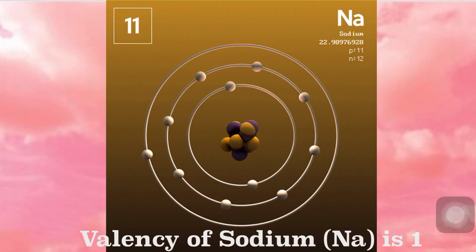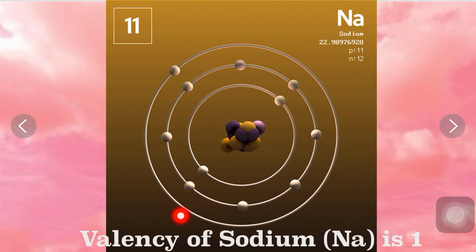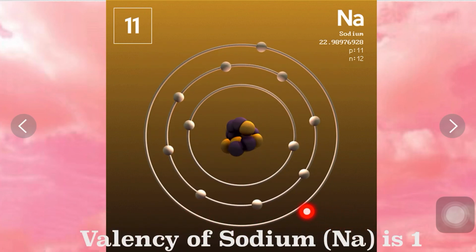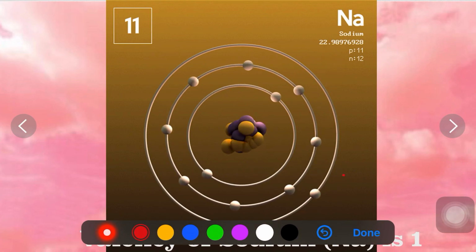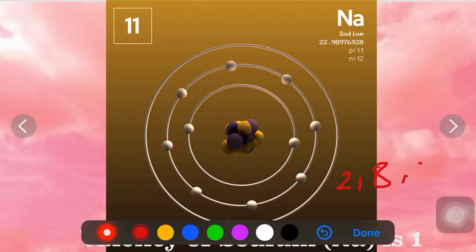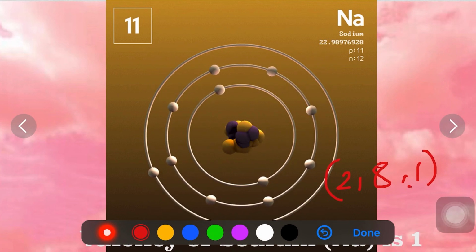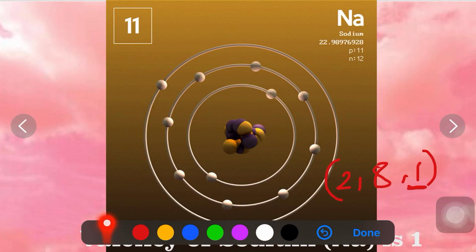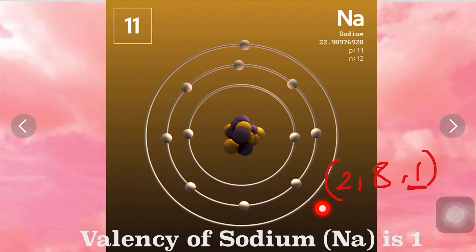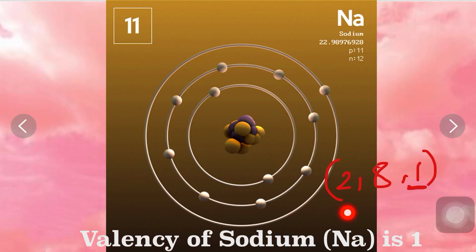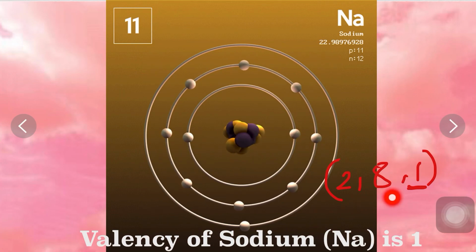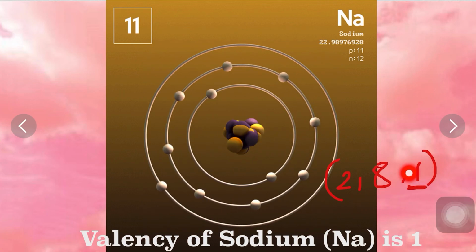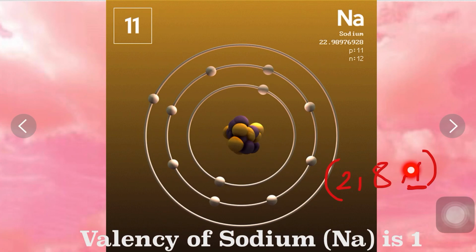Moreover, the electronic configuration of sodium, that is 2,8,1, has one electron in the valence shell, and the valency of sodium is also 1, as seen from the molecular formulae NaCl, NaH, etc. It means that there is some relation between the valency of an element and the number of electrons in its valence shell.